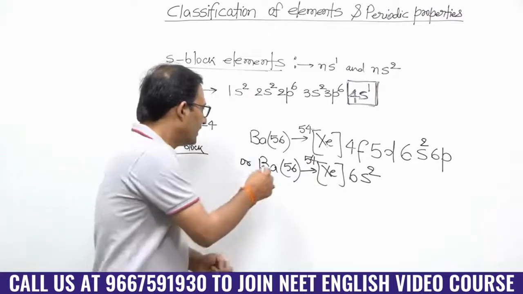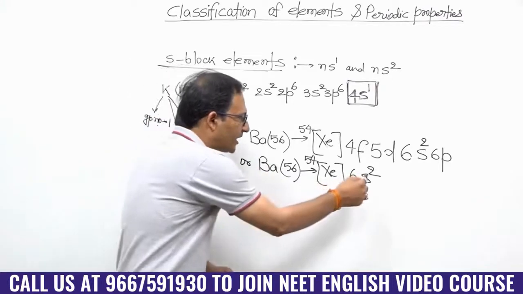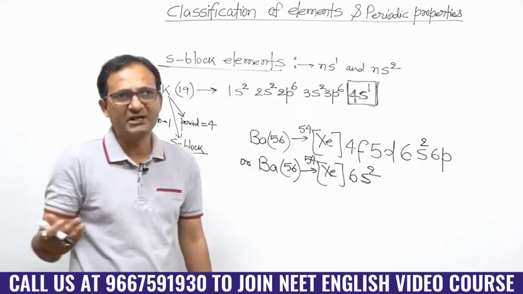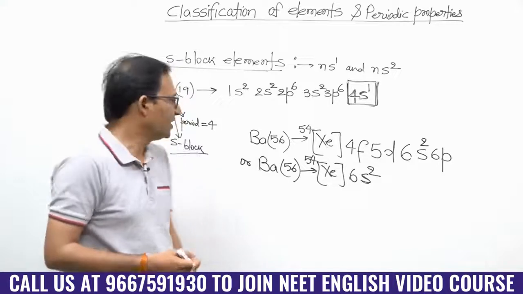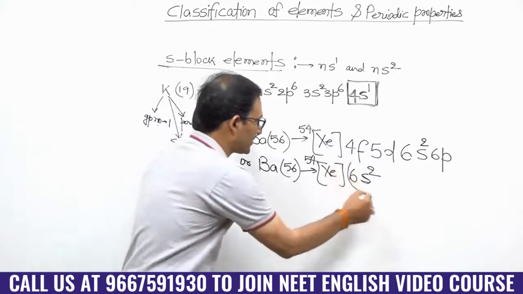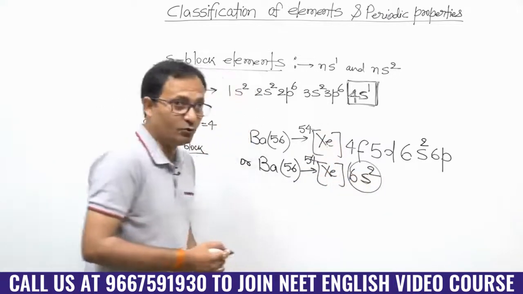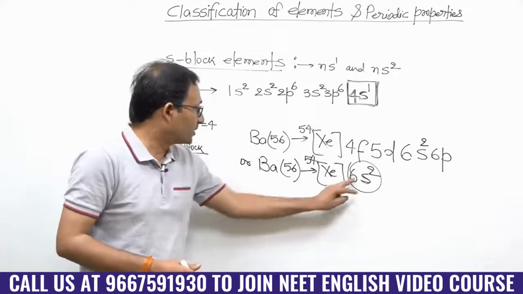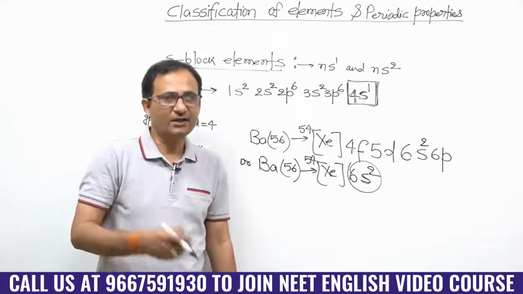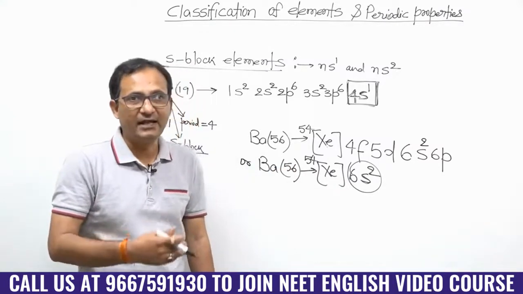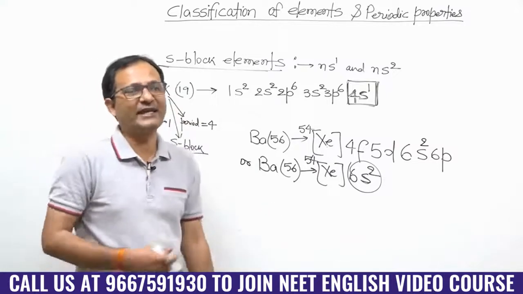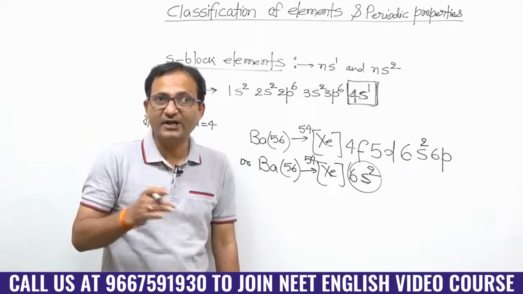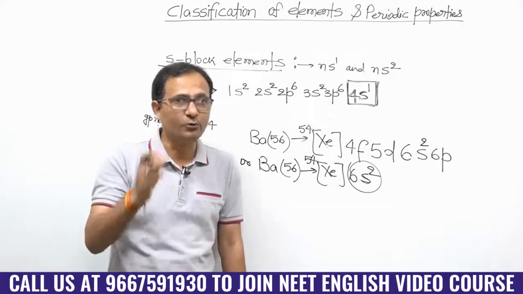Now here look, in barium the last electron is in s orbital, so barium is an s block element. Here the valence electron is 2, therefore its group number is 2, and here the outermost shell is 6, therefore it is in the 6th period. So we can say barium is in the 6th period of group 2.